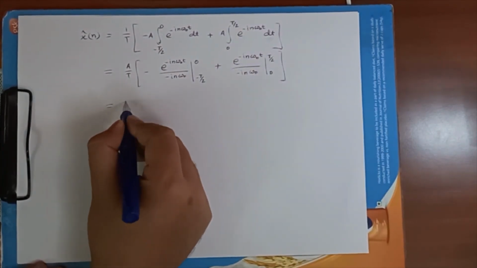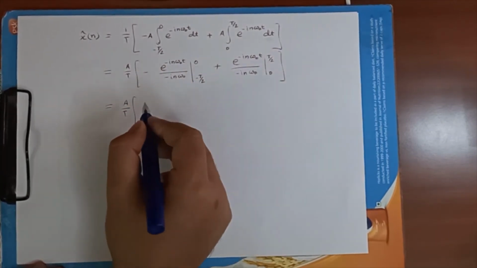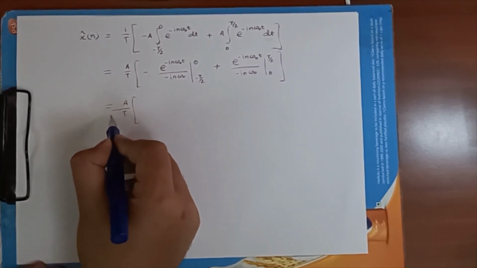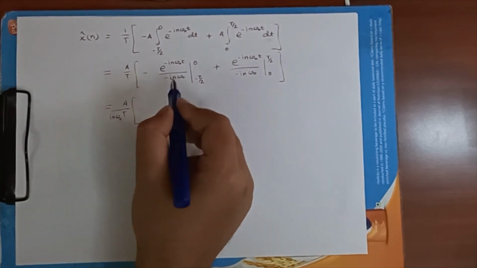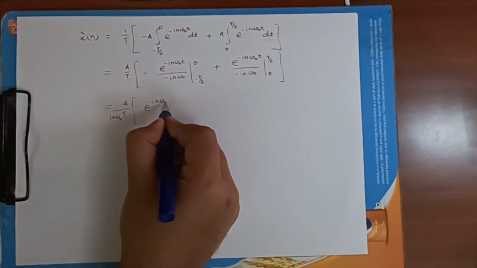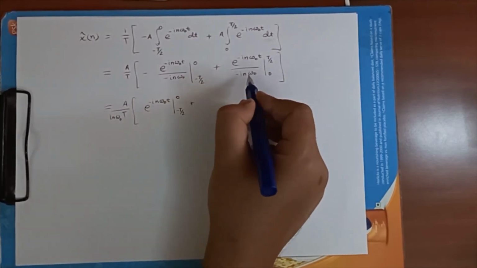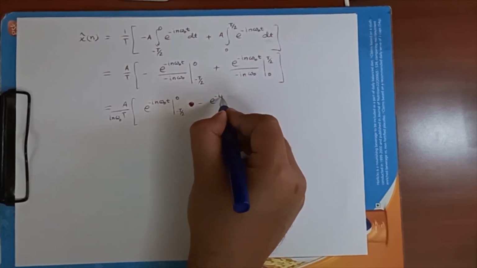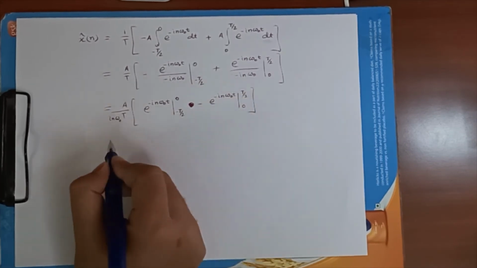So let us put the limits. So it will be a by T into this, minus minus cancels out. So actually I can take i n omega 0 outside as well. So i n omega 0 comes outside, and minus minus cancels out. So this will be plus e to the power minus i n omega 0 t between the two limits 0 and minus T by 2, plus here it will be minus, so minus e to the power minus i n omega 0 t, the limits are T by 2 and 0. Put the values.